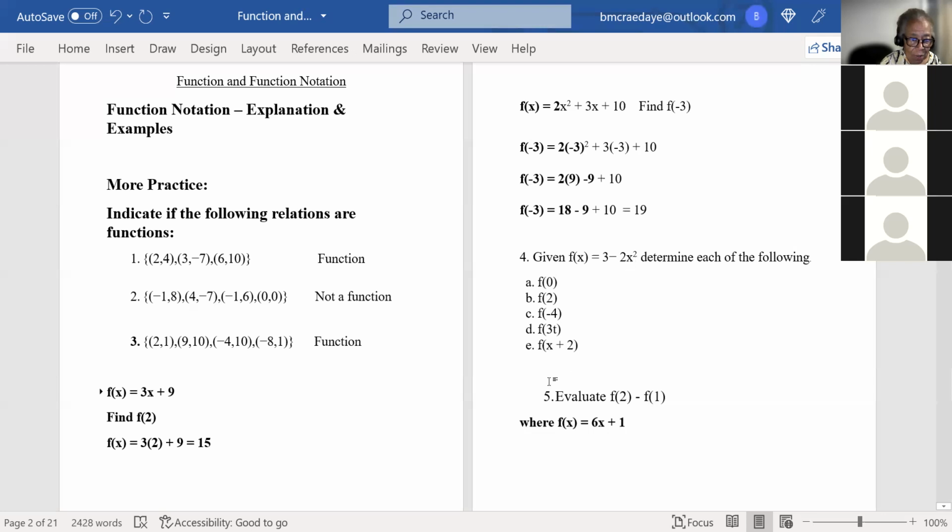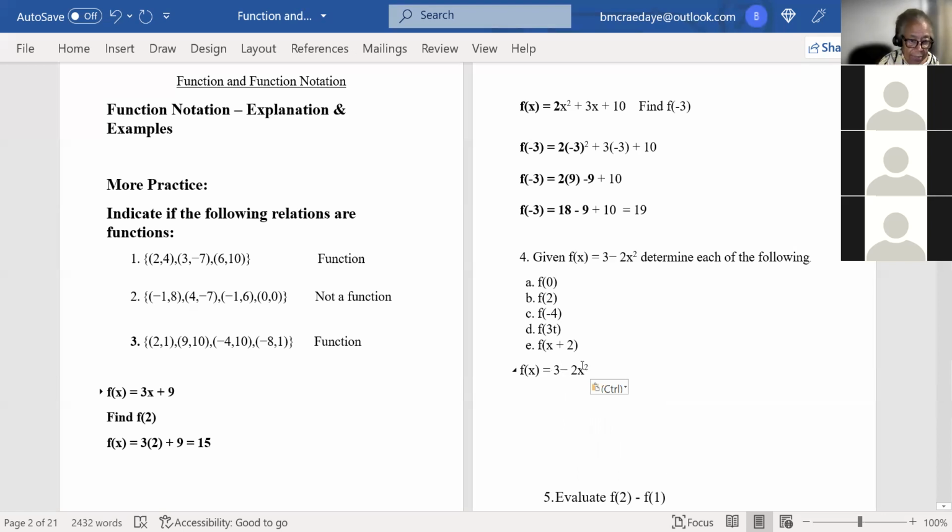Okay. So start with f of 0, and plug it in in all cases using this function. F of x is 3 minus 2x squared.